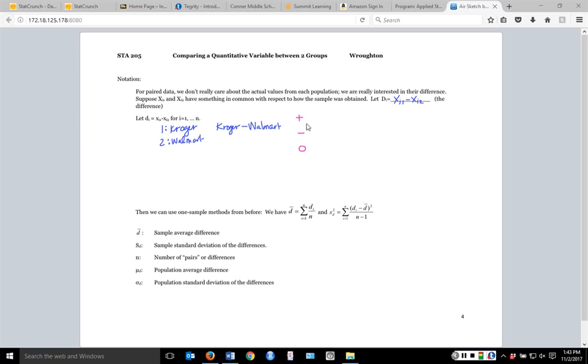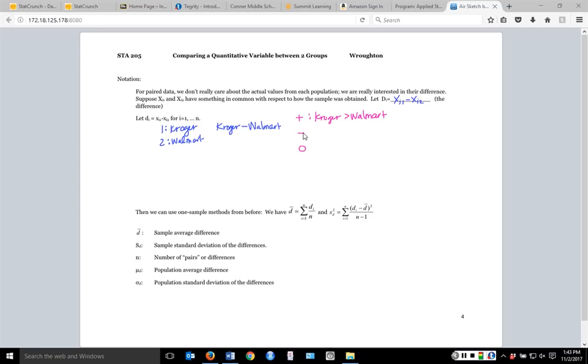So if I do Kroger minus Walmart and get a positive number, that means my first number had to be bigger, so that item was more expensive at Kroger than at Walmart.